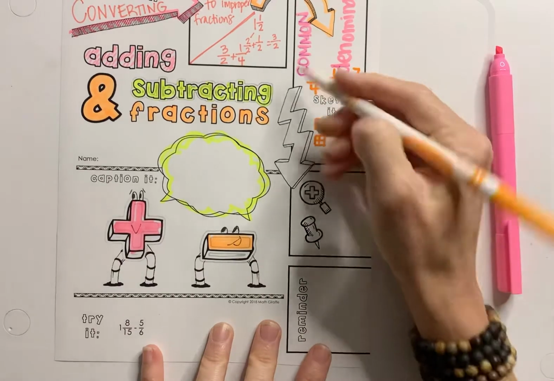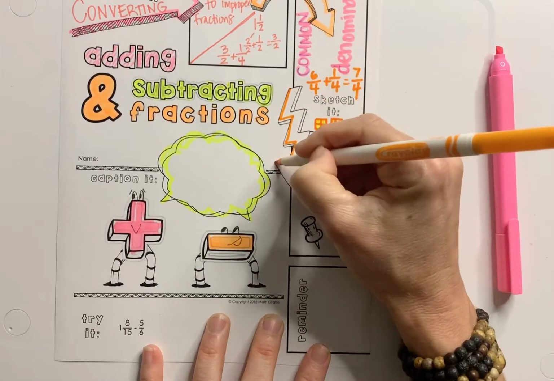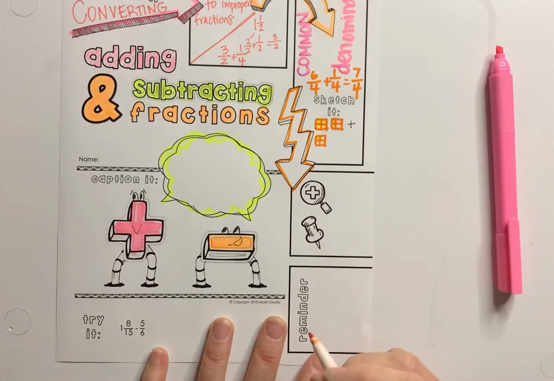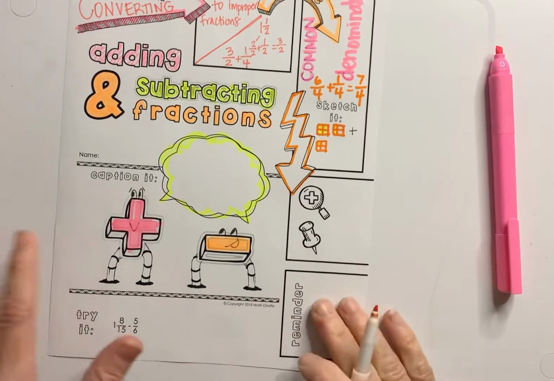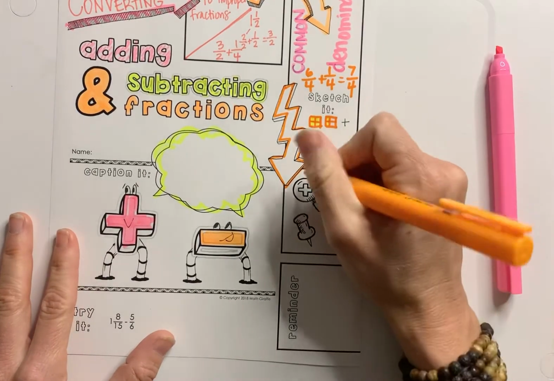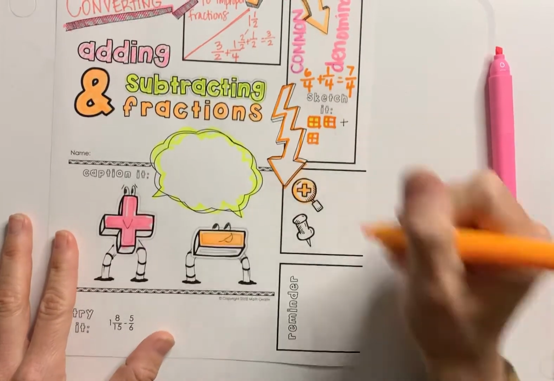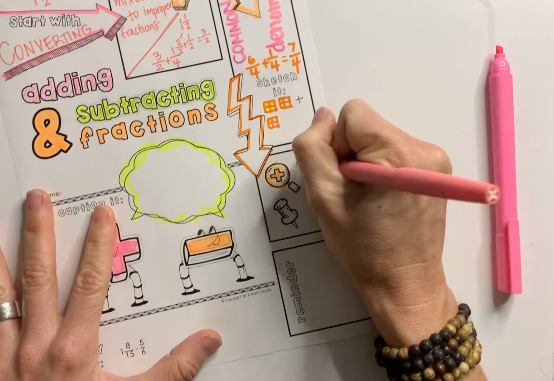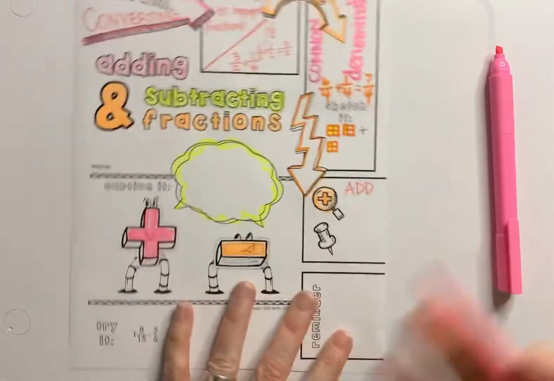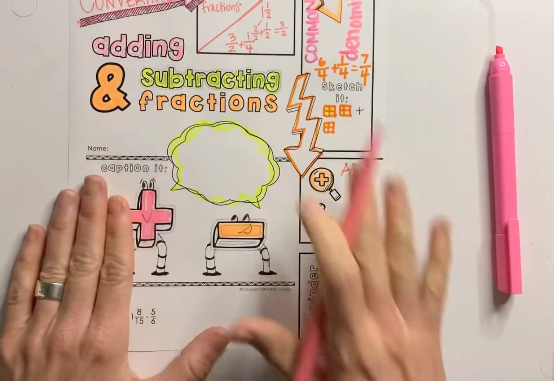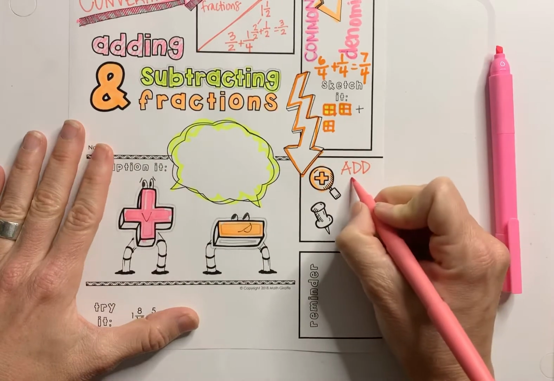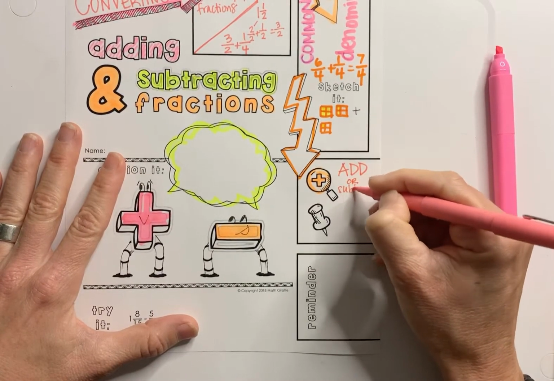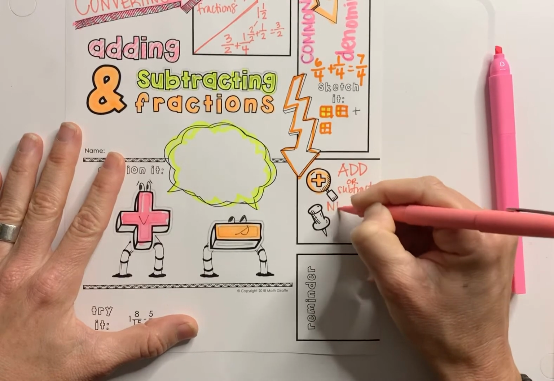Okay, now let's go down here as a reminder. What did I just do there? How did I get that? Here we go. Remember, you need to add, assuming it's an addition problem, but you go through the same process if it's subtraction, or subtract the numerator.